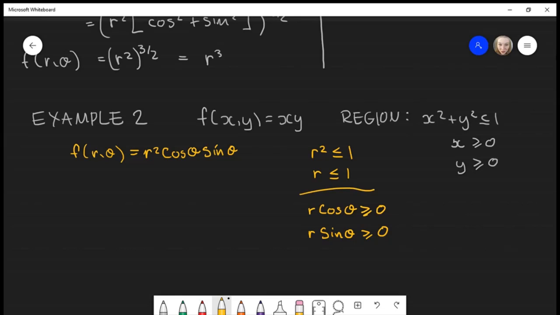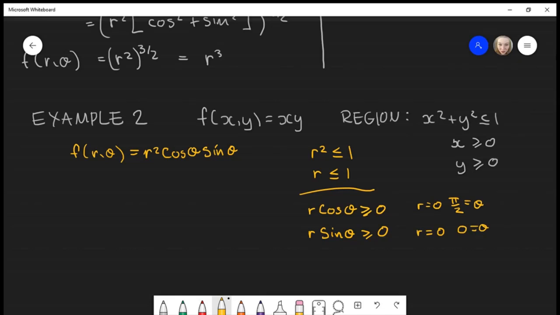For r cos theta to be equal to 0, either r is 0 or theta is pi over 2. And exactly the same for r sine theta. It's equal to 0 if r is 0, and to get sine theta equal to 0, theta is 0.